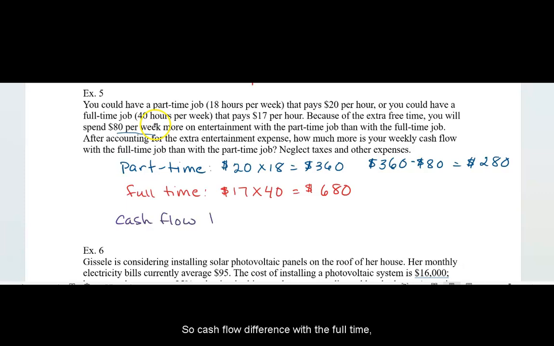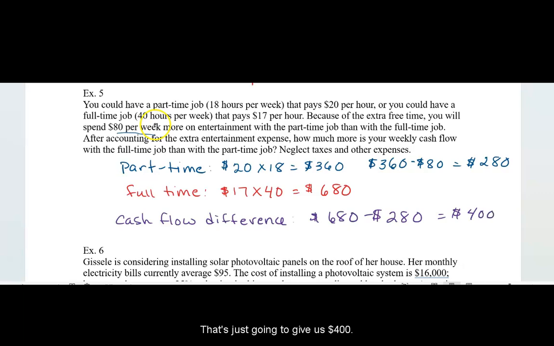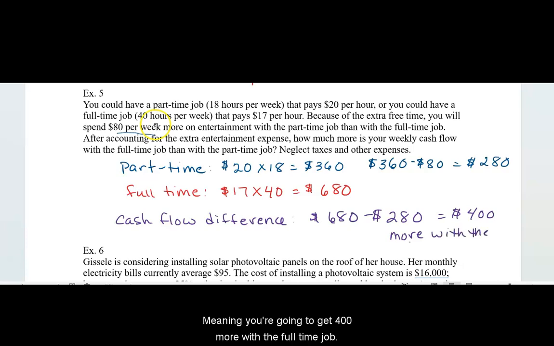Cash flow difference, with the full-time, you got your 680. With the part-time, because you're spending more on entertainment than with the full-time, here, 680 minus 280, that's just going to give us $400, meaning you're going to get $400 more with the full-time job.